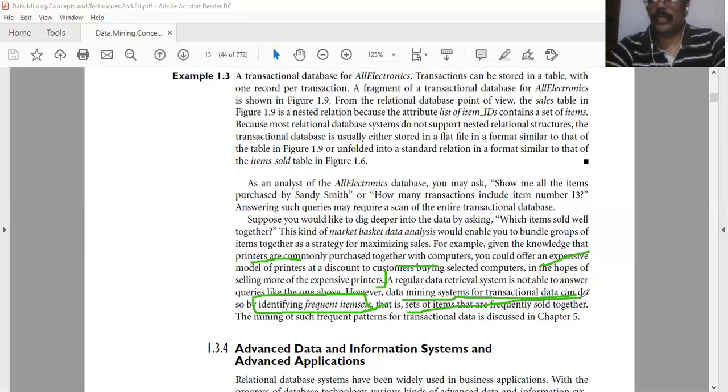The analysis of transactional databases comes mainly under market basket data analysis, where the aim is finding the items sold well together.